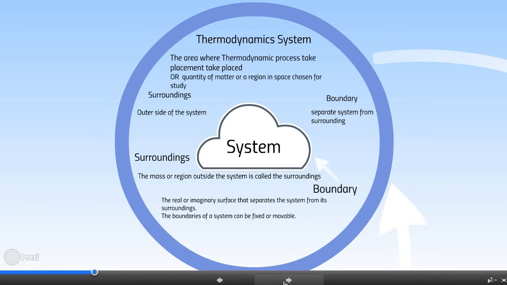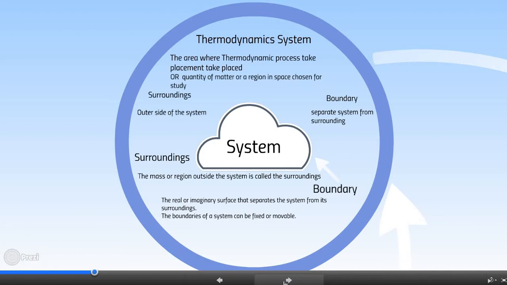Thermodynamic system. A system is defined as a quantity of matter or a region in space chosen for study. In other words, we can say the space or area which has definite boundaries, where a thermodynamic principle or process takes place, is called a system.